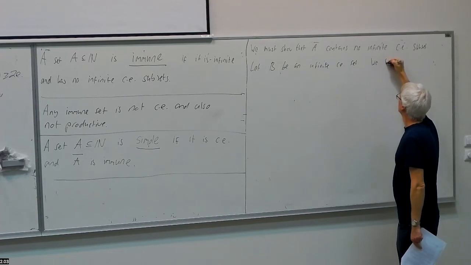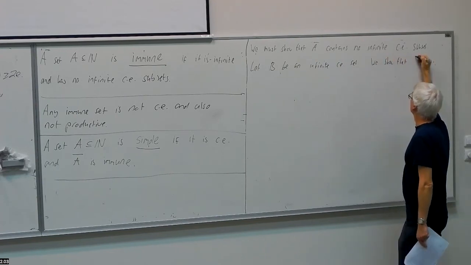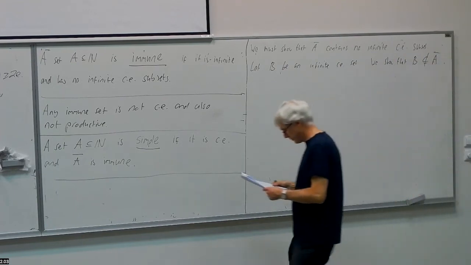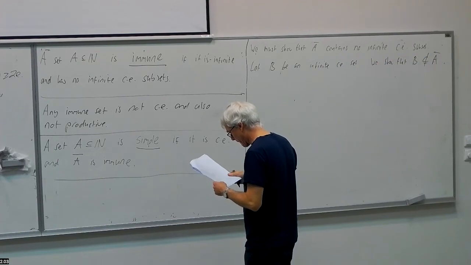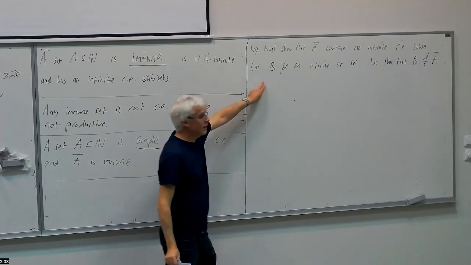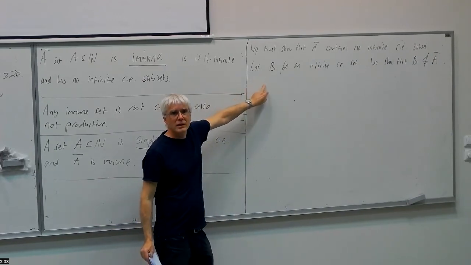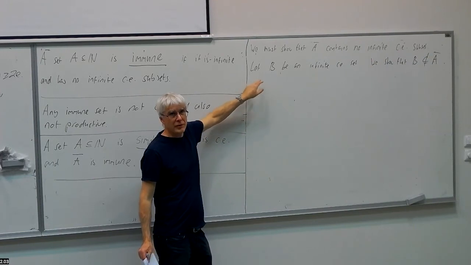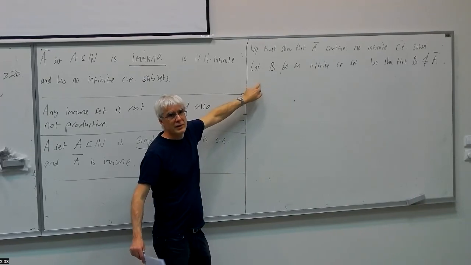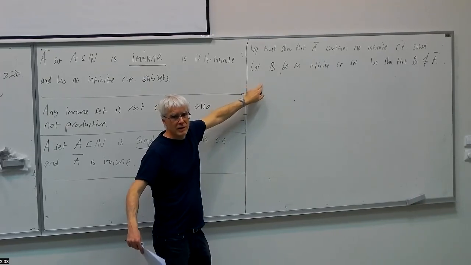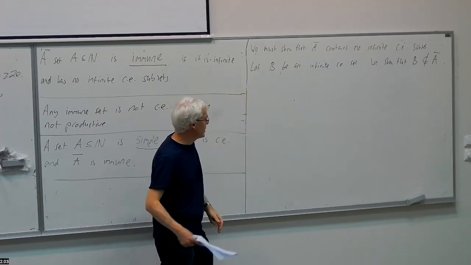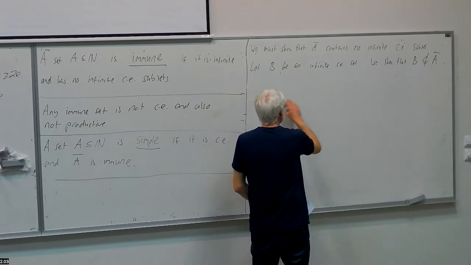We show that B is not a subset of the complement of A. So by a theorem two weeks ago, computably enumerable sets are exactly the images of computable partial functions, and infinite computably enumerable sets are exactly the images of computable total functions.